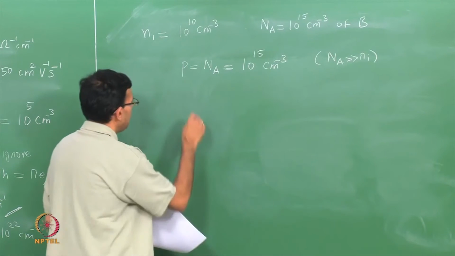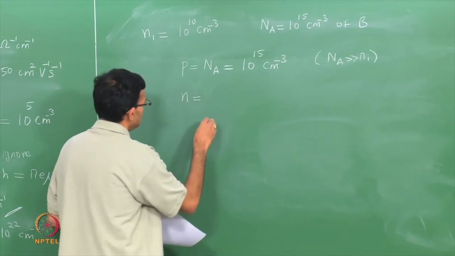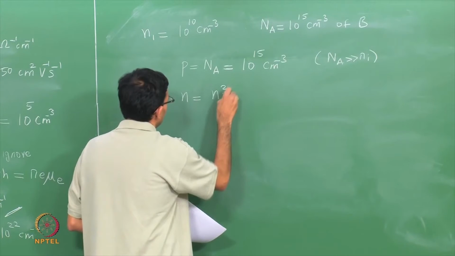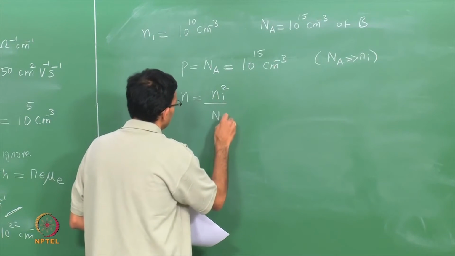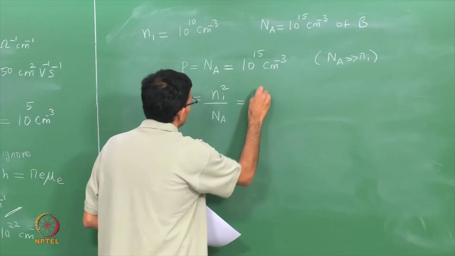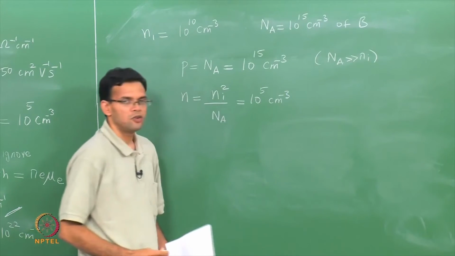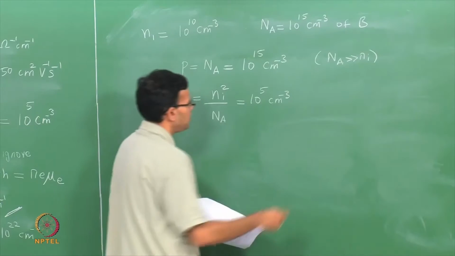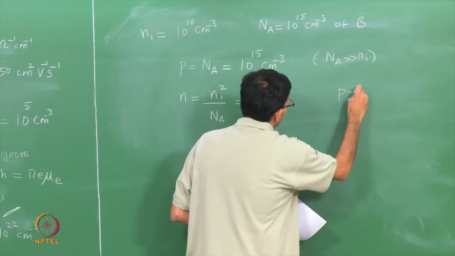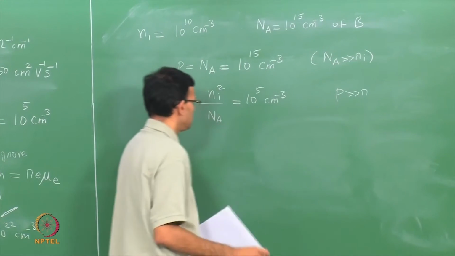We can once again calculate the electron concentration as Ni square over Na, which is 10 to the 5. So, in the case of a p-type impurity, we find that P is much greater than N.